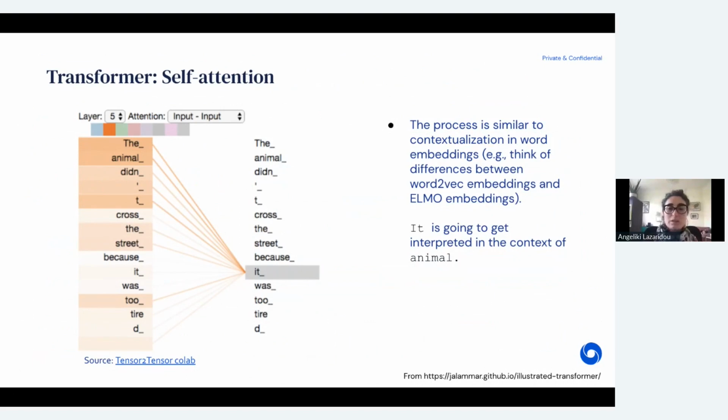The moment, though, that we consider it within the context of other words, we can already start building a better representation of it. Because in this particular context, it essentially relates to the animal, which also exists in this particular sentence. So self-attention basically allows us to extract more of the meaning of words by leveraging the context in which each word exists. Simple but powerful idea overall.